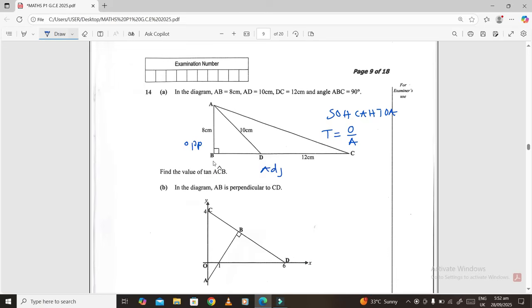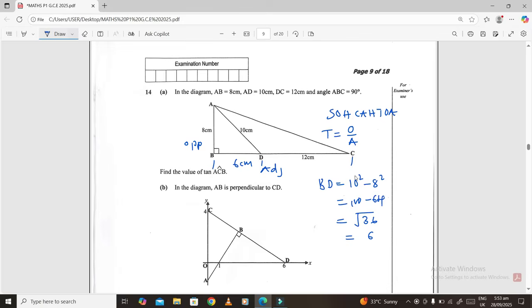We're supposed to have the length from here to here, but they've just given us 12 centimeters. So we need to find BD. To find BD, we just say 10 squared minus 8 squared. So this is 100 minus 64, and this is giving us 36. So we find the square root of 36, it's 6, meaning this is 6 centimeters.